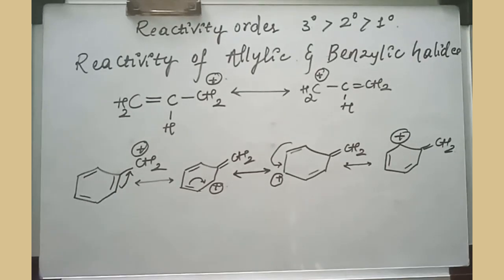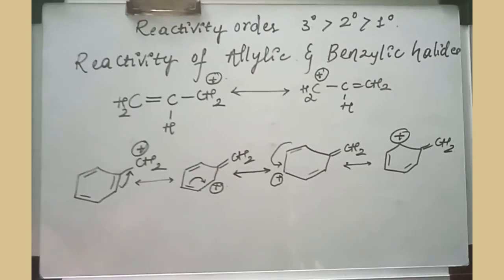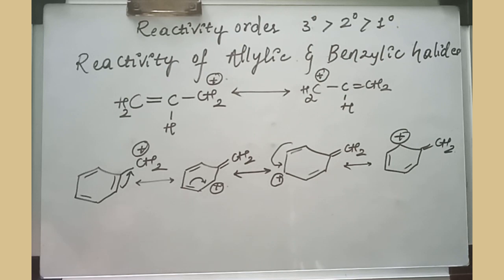The next thing is reactivity order. In the previous mechanism, we learnt about tertiary butyl bromide. Okay, the degree of that alkyl halide was tertiary. So if we consider different kinds of alkyl halides having primary, secondary and tertiary degree, the order is: tertiary is more reactive than secondary, then comes the primary. The main reason is that in the mechanism we have seen that in the first step there was a formation of carbocation intermediate.